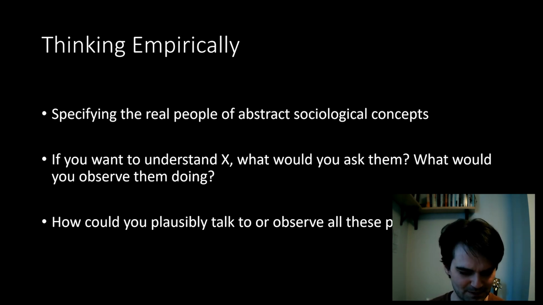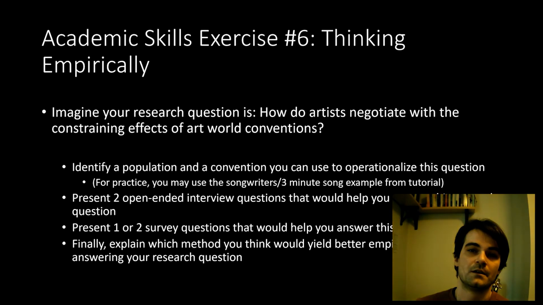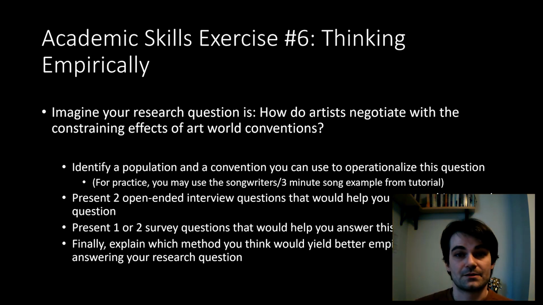I'm just going to talk a little bit about the skills exercise for this week, and that'll be it. The academic skills assignment for this week is going to get you to operationalize something and then develop 2 open-ended interview questions that would help you answer your research question, and 1 or 2 survey questions as well, and then adjudicate between them: what do you think would be better and why.